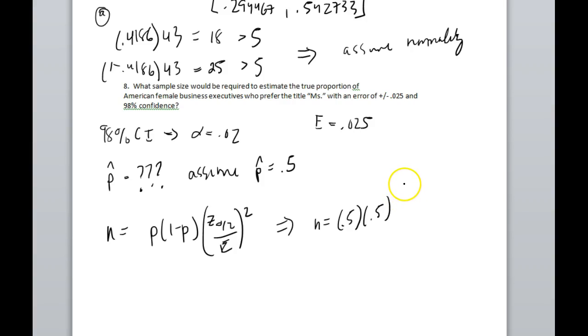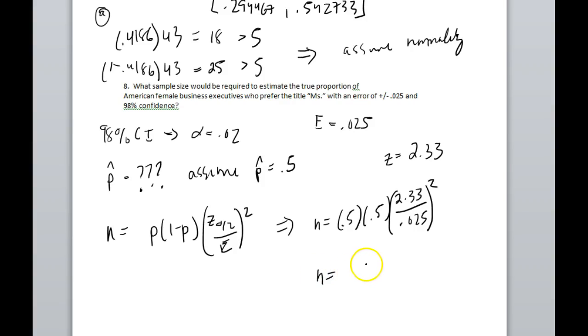Oh, 98% confidence. What was our number there? I think our 98% confidence was 2.33. So that's the z value that we're using. Again, we know this from an earlier video when we solved for it. And E is 0.025. We don't have to put the plus or minus in there because we're squaring this anyways, so it's going to turn into a positive number.